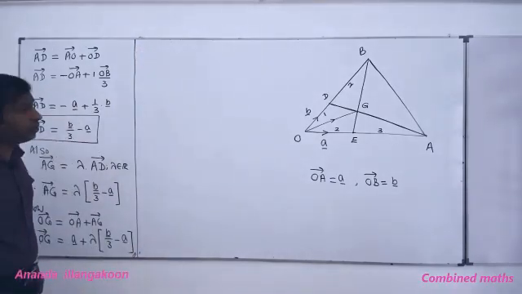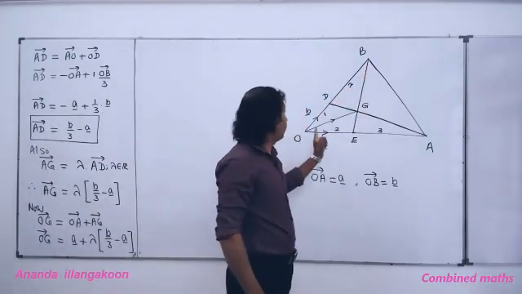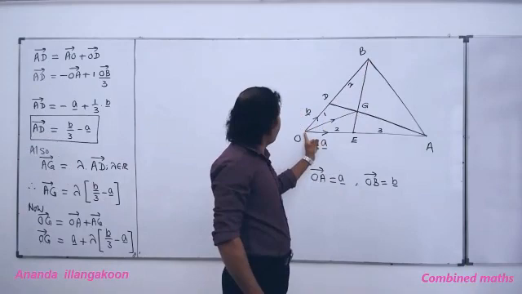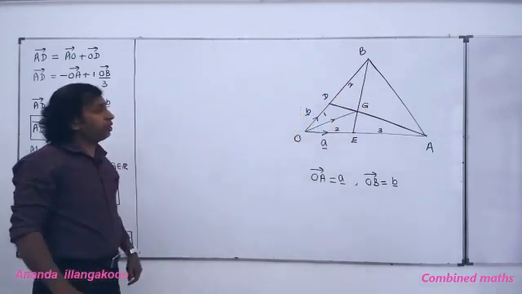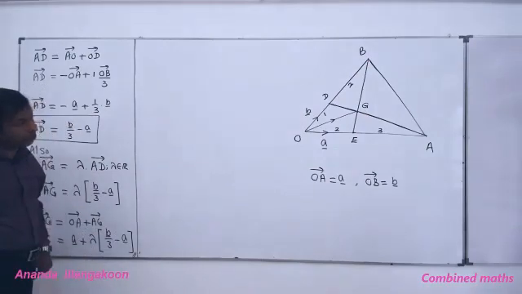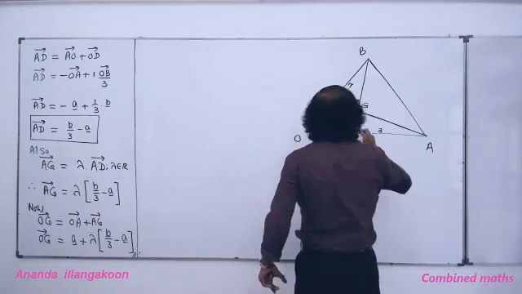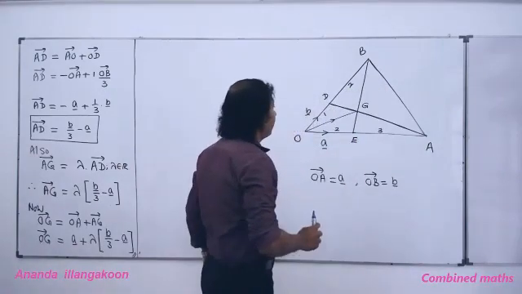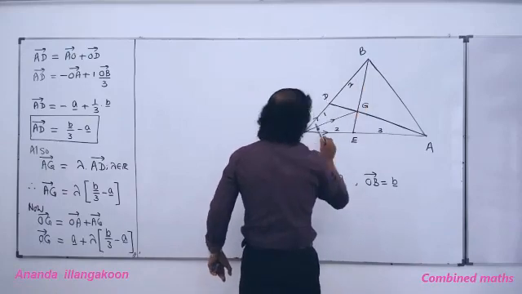We need this BG vector, because we are going to write OG vector as OB plus BG. To find this BG vector, I first write BE vector. B to E vector I am going to write by using the triangle of vector addition: BO plus OE.